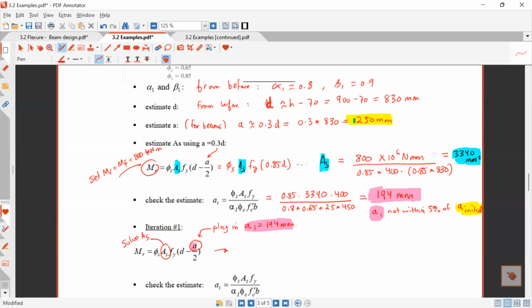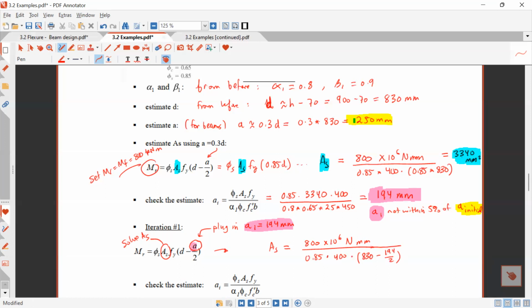So I'm going to have AS equals 800 times 10 to the 6 Newton millimeter divided by 0.85 times 400 times D minus A over 2. So I'm careful, I put D minus A over 2. So I put 830 minus A over 2. I put this 194 over 2. Everybody followed?